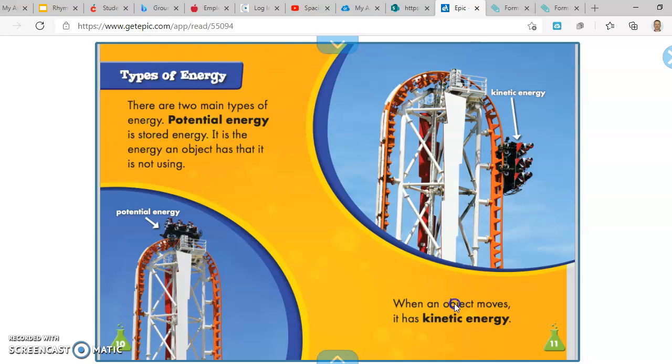Now when an object moves, it has kinetic energy. Now it's moving straight down. Wow, what a scary ride. But it has kinetic energy now. So potential energy is stored energy, not being used at that time. And kinetic energy is the energy when an object is moving, energy is taking place.